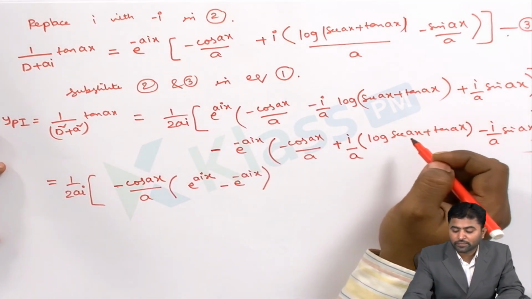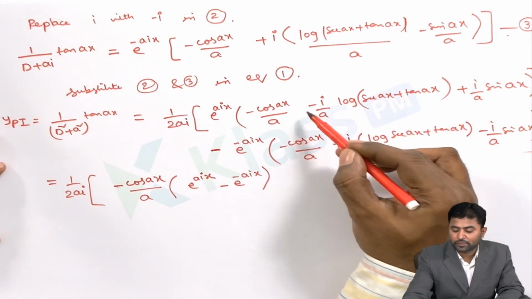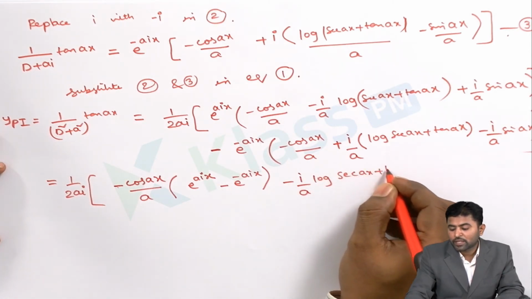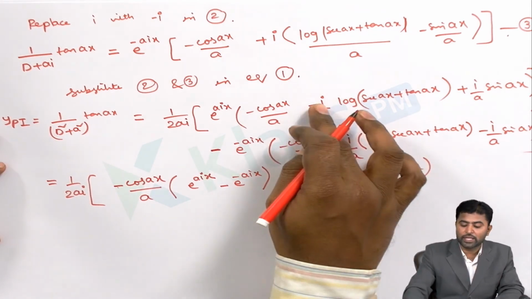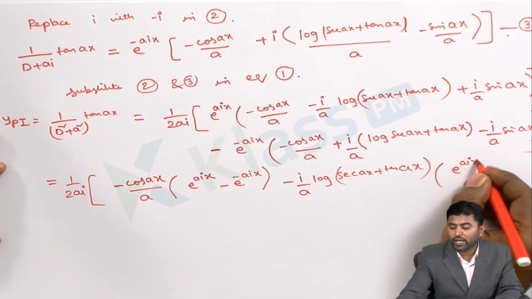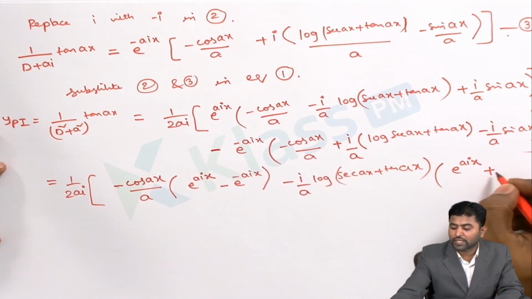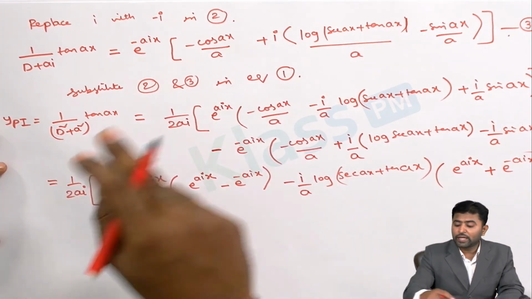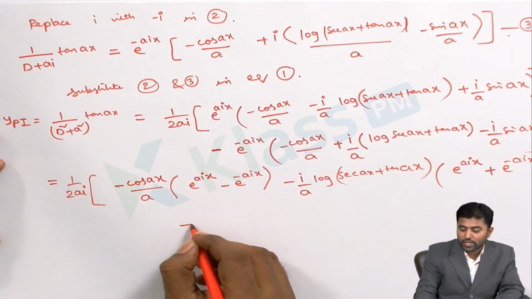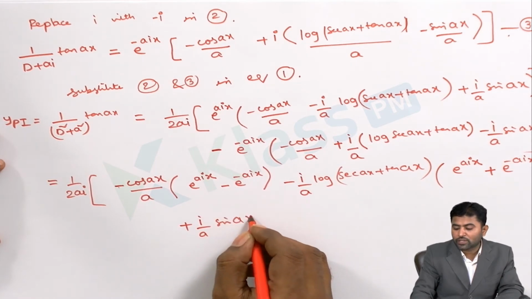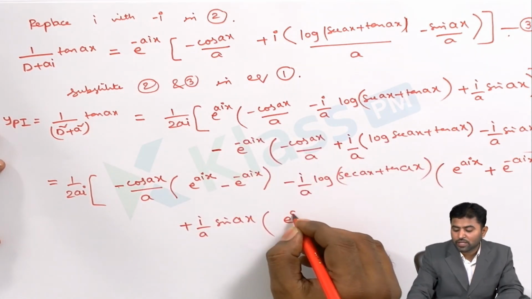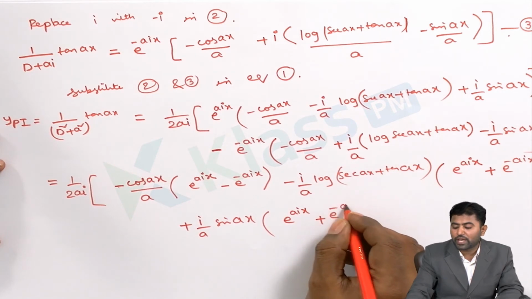Then take out the common term, minus i by a log secant ax plus tan ax, then I'll get e power iax, and here also I took it out common, so I'll have only a plus sign, e power minus iax. Then the third terms, plus i by a sin ax common, then I'll have e power iax plus e power minus iax.